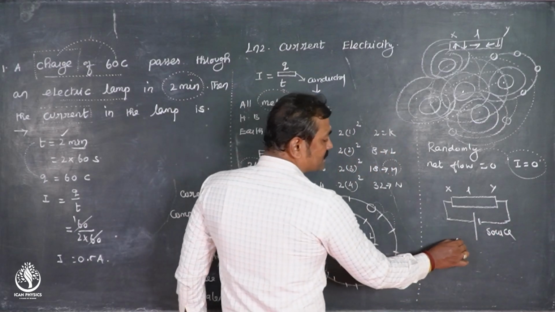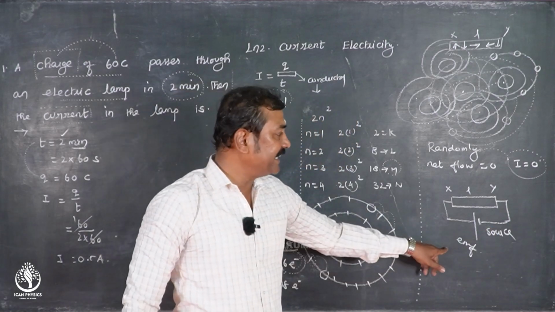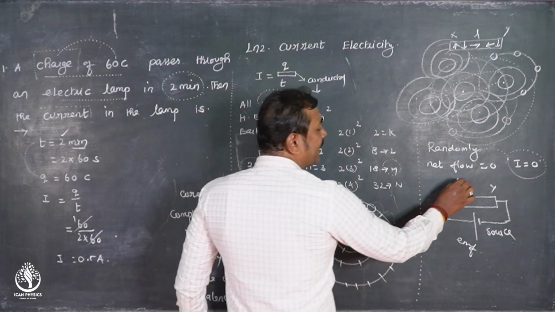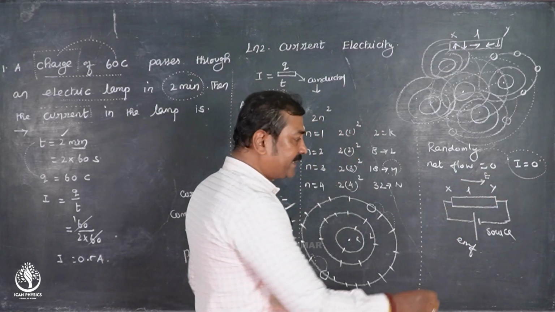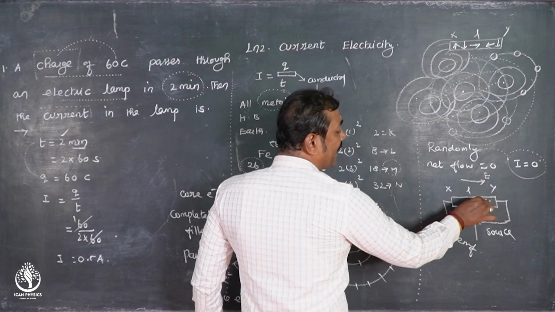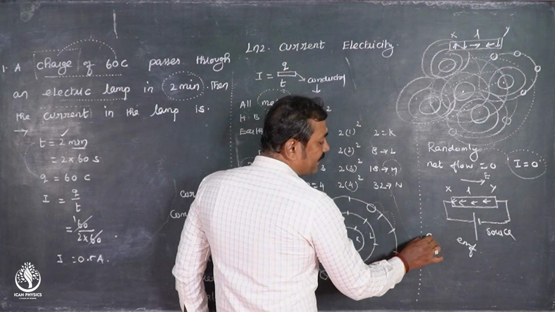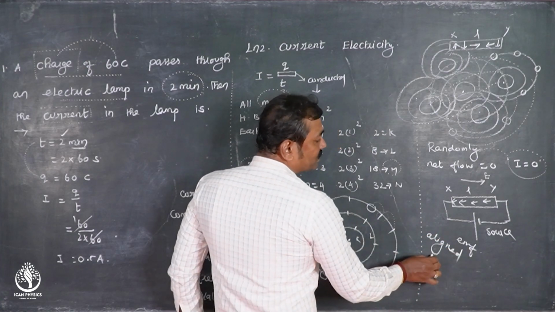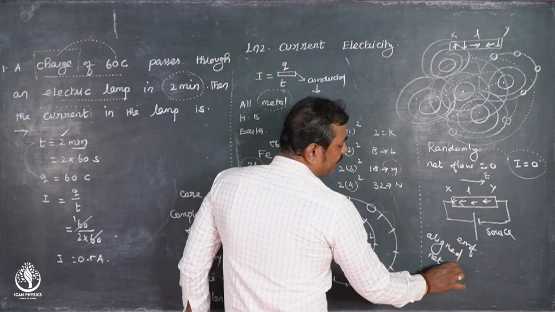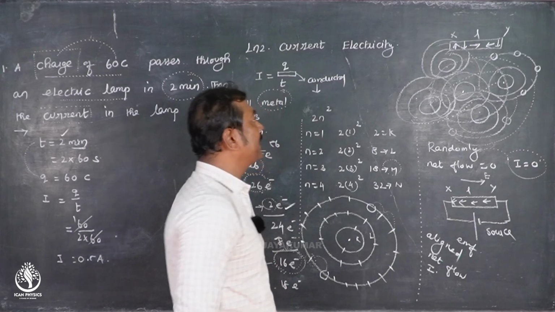The external source gives an EMF. When this EMF gives an electric field in the direction of X to Y, the electrons are aligned in a particular direction. Then there is a net flow of charges, which is said to be current.